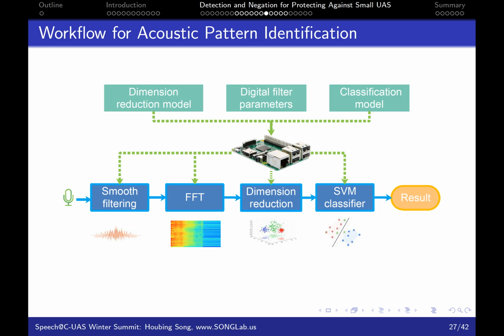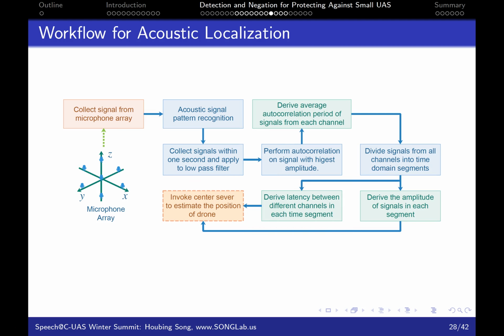When we use these three parts from left to right, we will pass several steps like smooth filtering, FFT, dimension reduction, and the support vector machine classifier. Then we will get the result. This is our workflow for acoustic pattern identification.